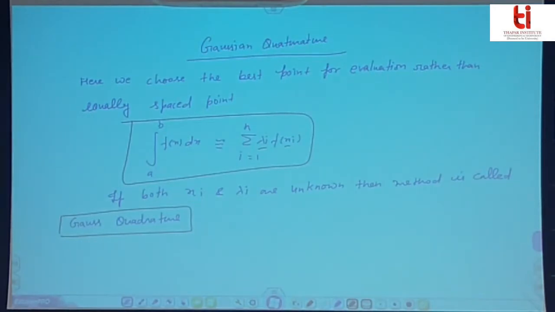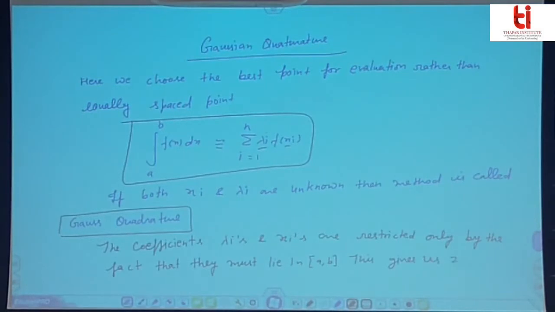So the coefficients lambda_i and x_i are restricted only by the fact that they must lie in the interval [a, b]. This gives us 2n unknowns to choose.